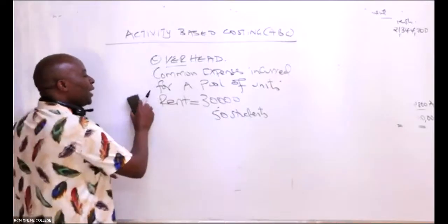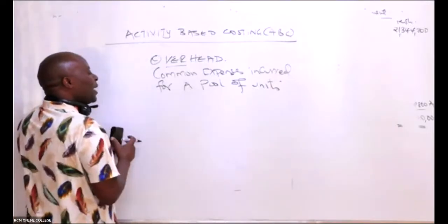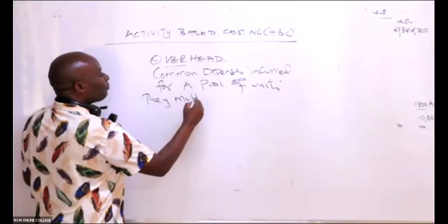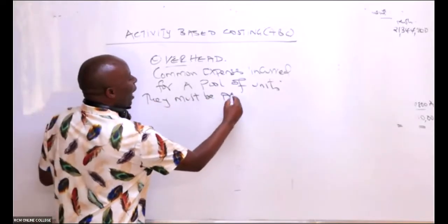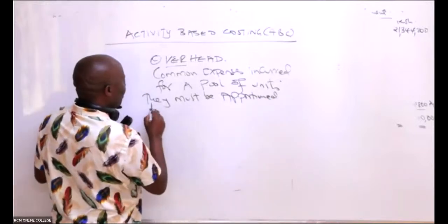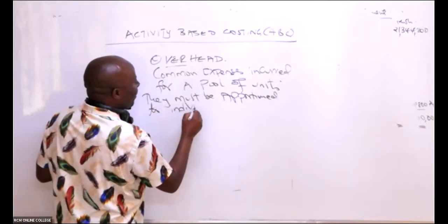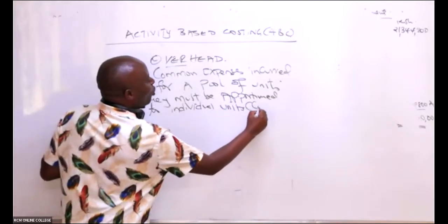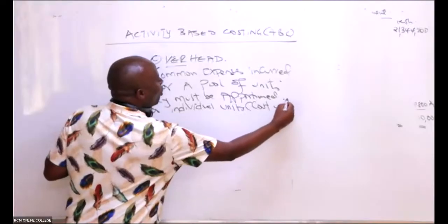So at the end of the day, these overheads must be apportioned to individual units, what we call the cost units.